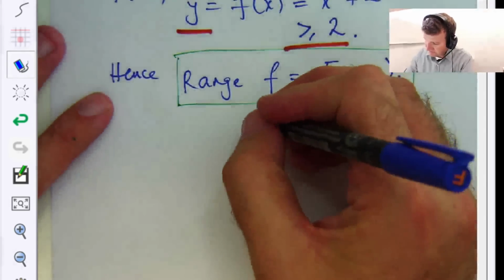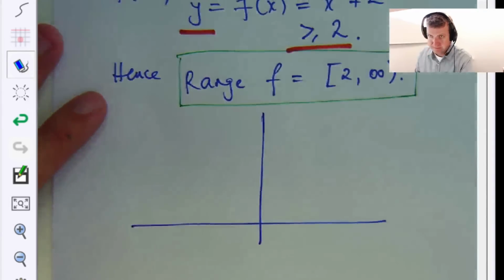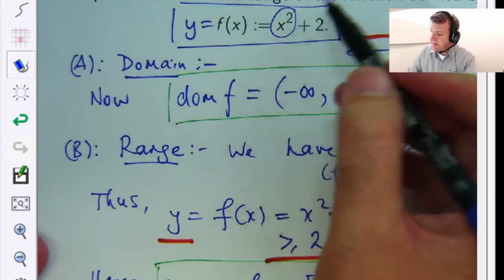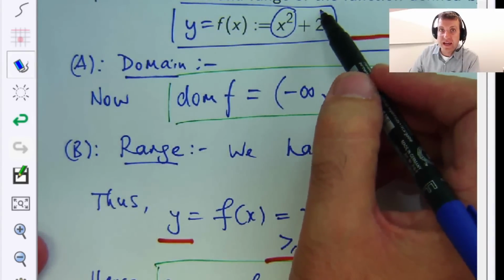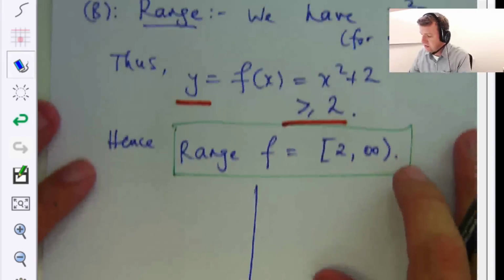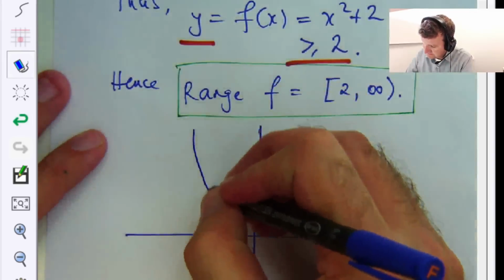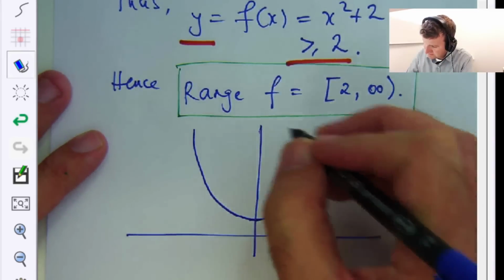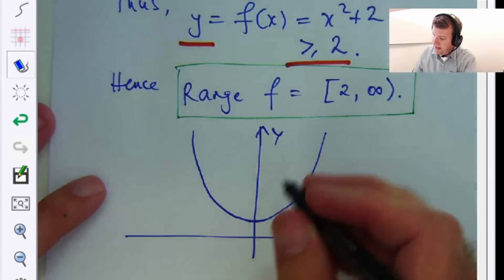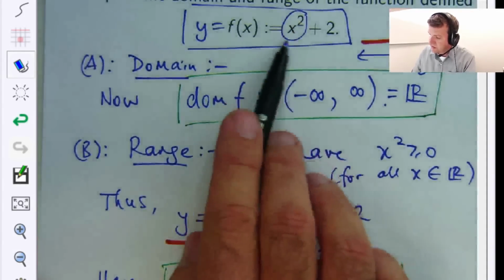So let me just finish with a picture. Now, the graph of this, x squared plus 2, is just the graph of x squared moved 2 units up the y-axis. It cuts the y-axis when x equals 0, so it'll cut at 2.